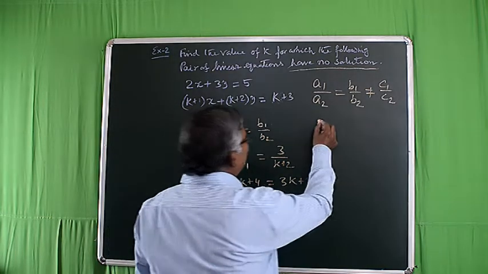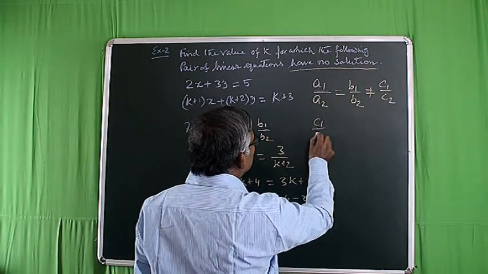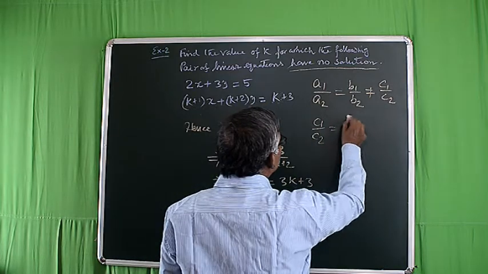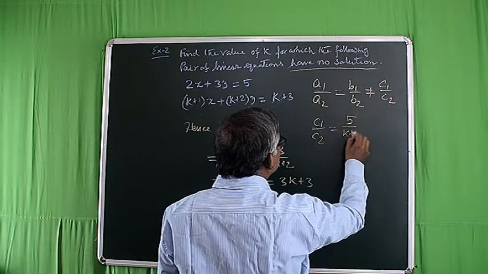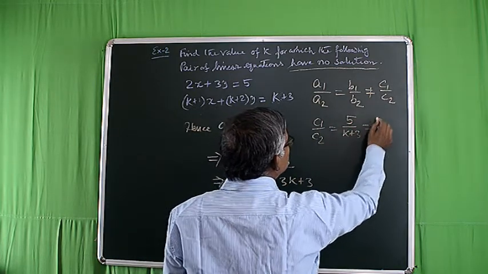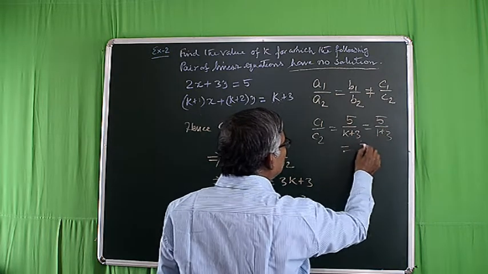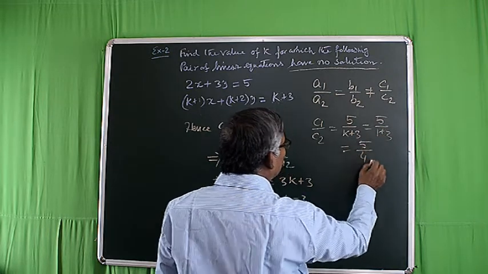Now let us find the value of c1 by c2 equal to 5 by (k plus 3), that is 5 by (1 plus 3) equal to 5 by 4.